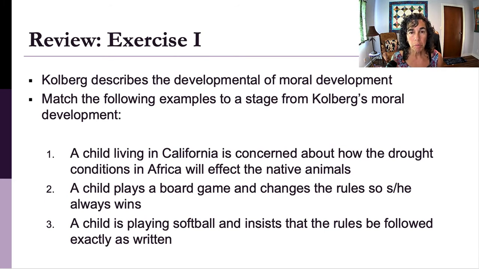So if you want some more practice and you want to be able to apply this information, go back to the Kohlberg slide, maybe even go online and look up some information about Kohlberg and answer these 3 questions. If you don't know or you want to review them, we can do that in class. There's no formal place for you to record your answers, but if you want to use this information, which is pretty much how the exam is going to go, you would be time well spent by looking at the review exercises.